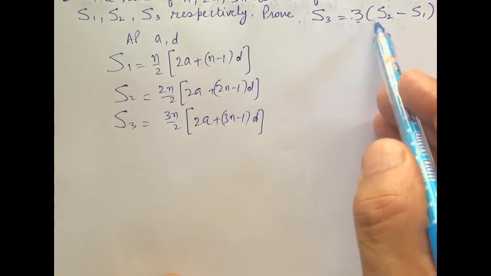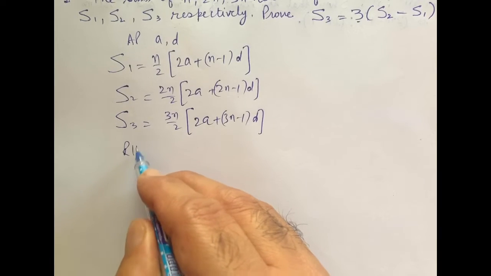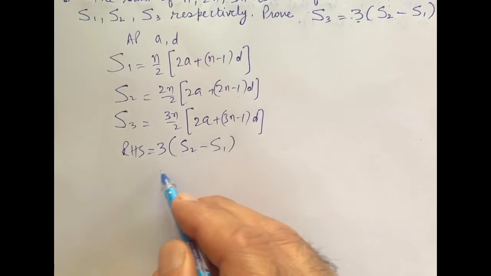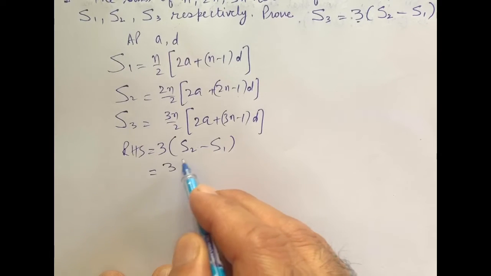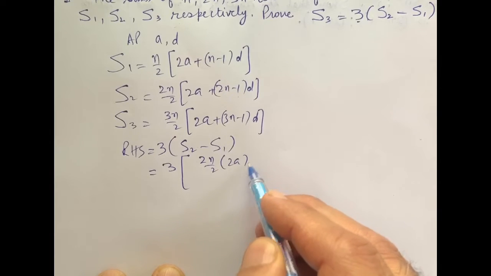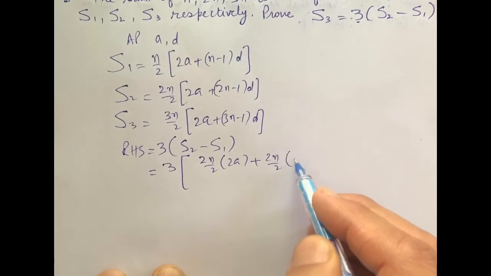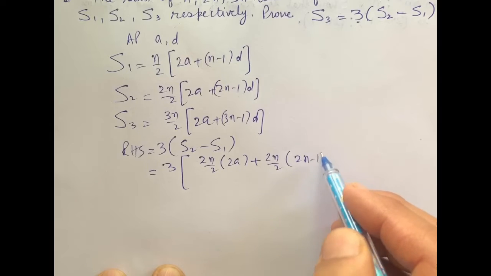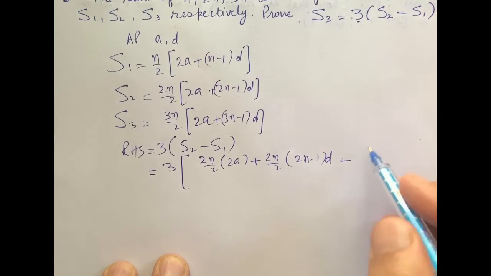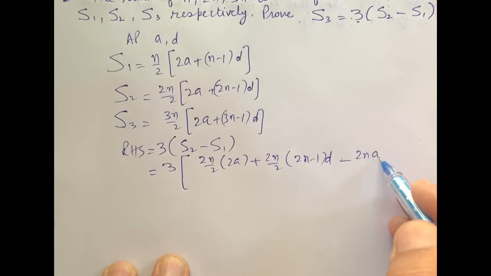We evaluate the right hand side, that's 3 times (S2 minus S1). 3 times S2 is 2n by 2 into 2a plus 2n by 2 into (2n minus 1) into d. S2 minus S1 is 2na by 2 minus n into (n minus 1) into d by 2.